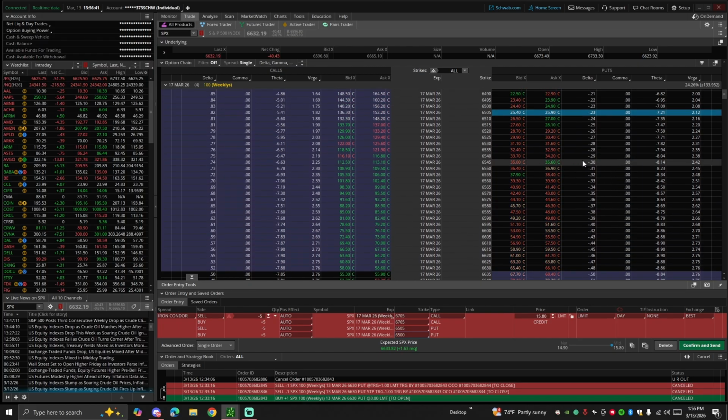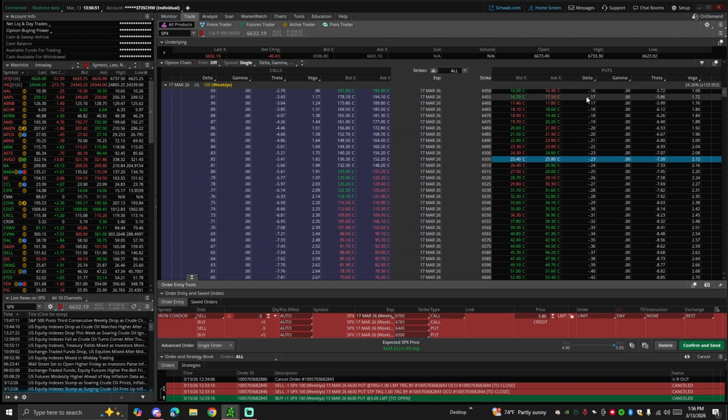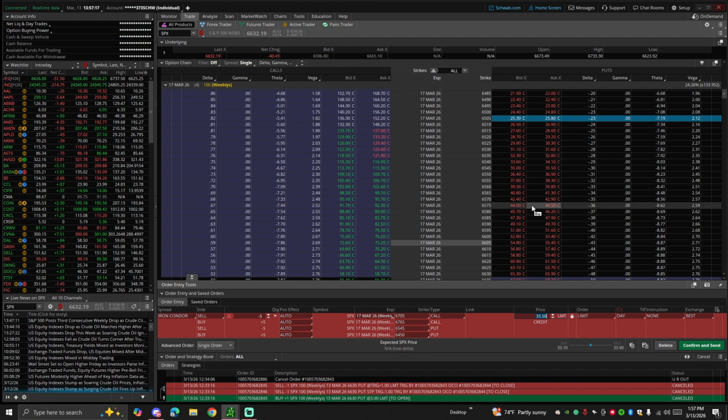I typically do this execution on my phone because it's just so much easier to do. Sell the 645, and then buy the, or sorry, 545. So you can see with this iron condor setup, I'm receiving basically $3,000 up front.